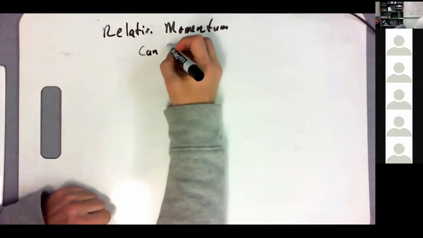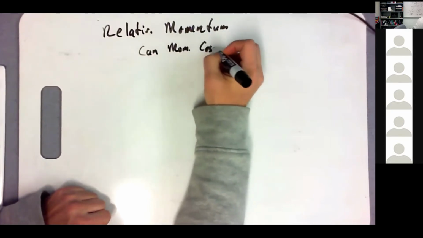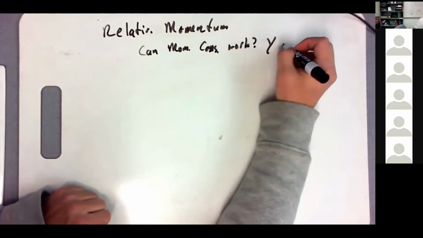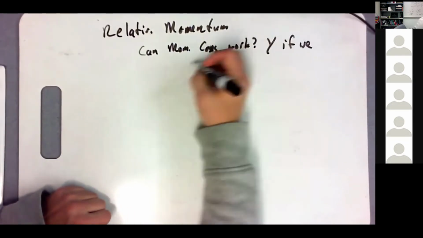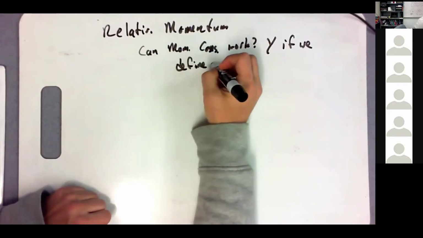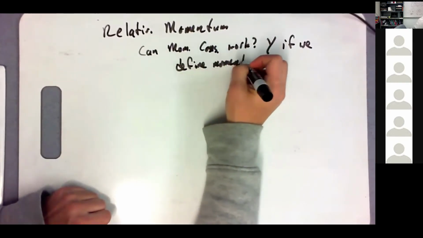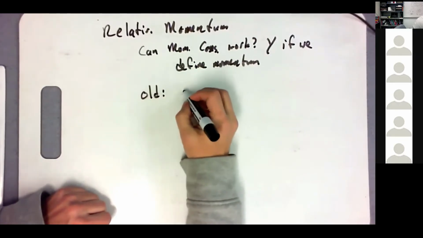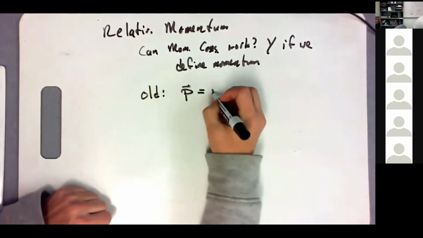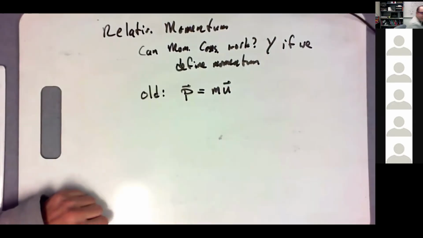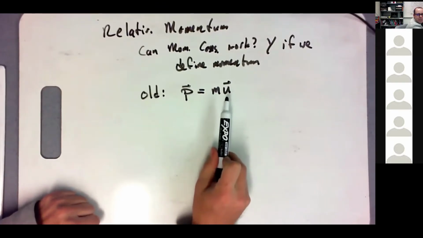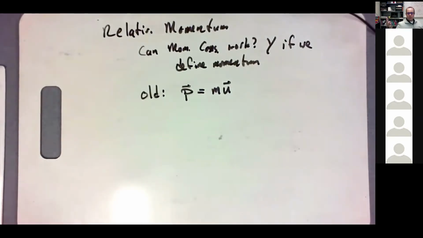Momentum conservation can work if we redefine what momentum is. Let me remind you, the momentum of an object is equal to its mass times its velocity, where I'm using u as the vector of an object's velocity through your reference frame.